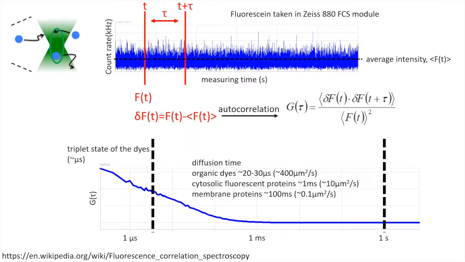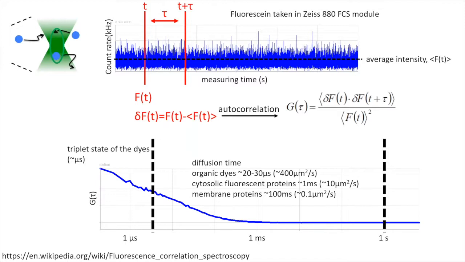In the microsecond region, because the triplet state is around microseconds, you can get information about the photophysics of your dye. In this next region, it's often the diffusion time. In this case, I'm using an organic dye in solution, so the diffusion time is around 20 to 30 microseconds.